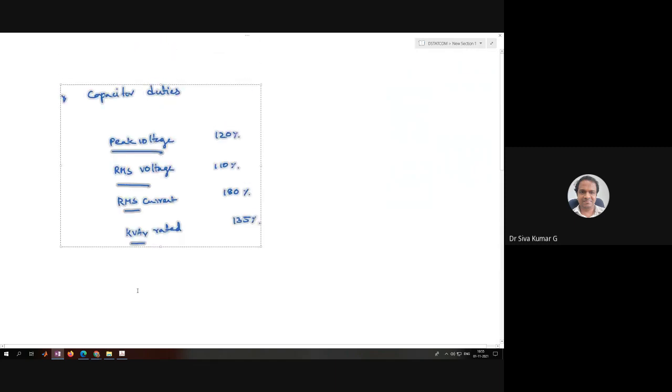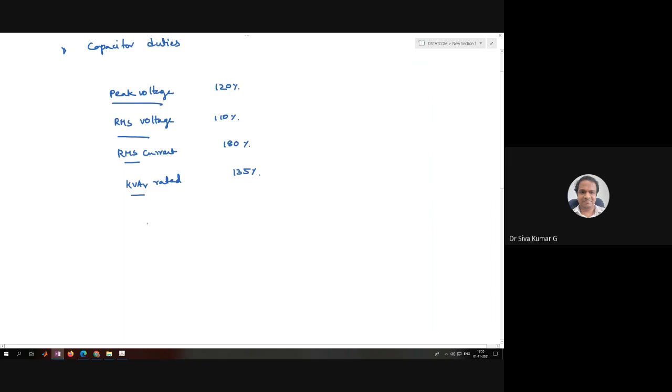If you take the RMS current, we find out the capacitor fundamental current and then the capacitor fifth harmonic current also. So we need to find out the IRMS current through the capacitor, which will be the square root of the capacitor fundamental squared plus the capacitor fifth harmonic squared.